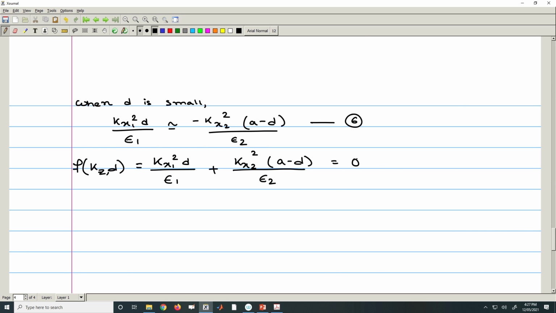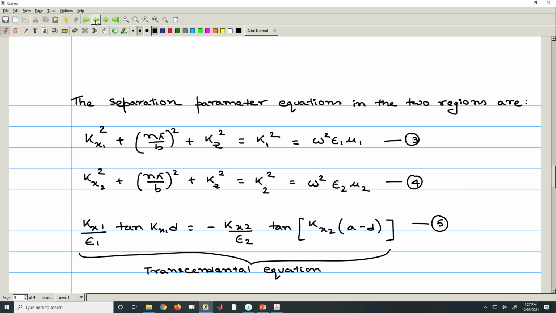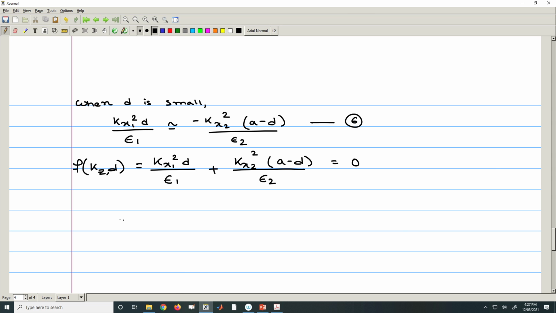Therefore, from equation number 3 we can write k x 1 square is equal to k 1 square minus pi by b square minus k z square.